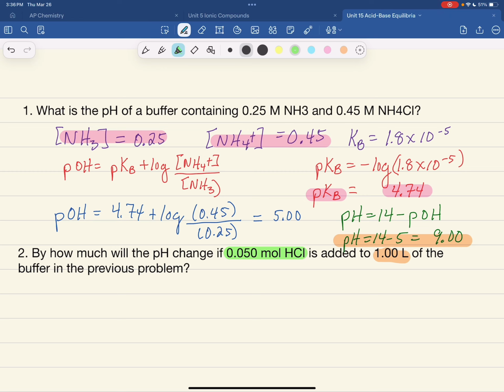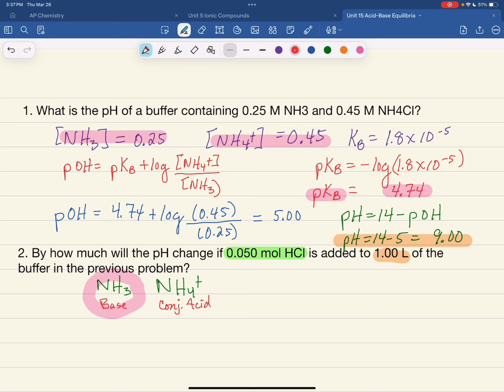So the strong acid is going to react with the base portion of my buffer. My buffer is made up of NH3, ammonia, and NH4+. Now this is the base, and this is the conjugate acid. So if I'm adding HCl, the HCl is going to react with the base.